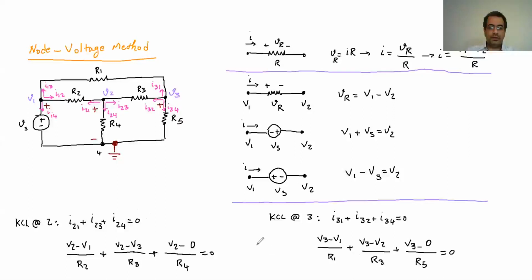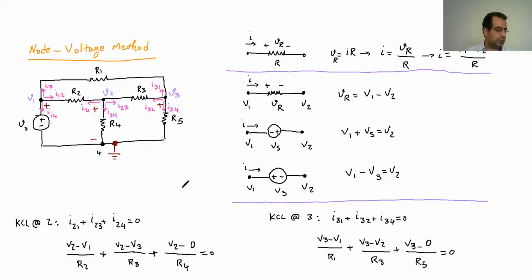When you solve them together, it gives you the voltages, and then if you need, you can go back and from each of these equations calculate the corresponding current for that node or that element. So these are, I would say, the simple steps of what we are doing in the node voltage method.